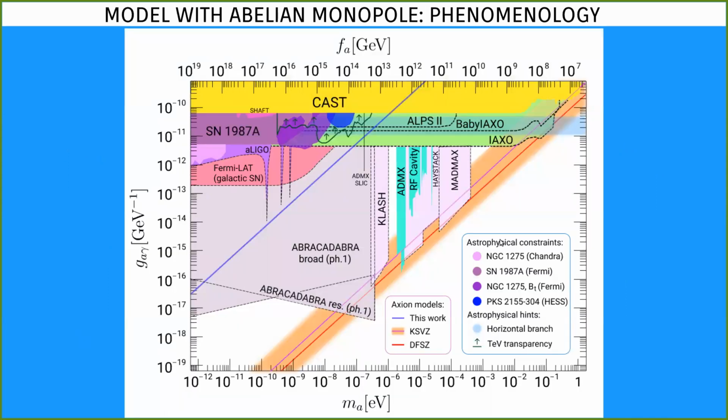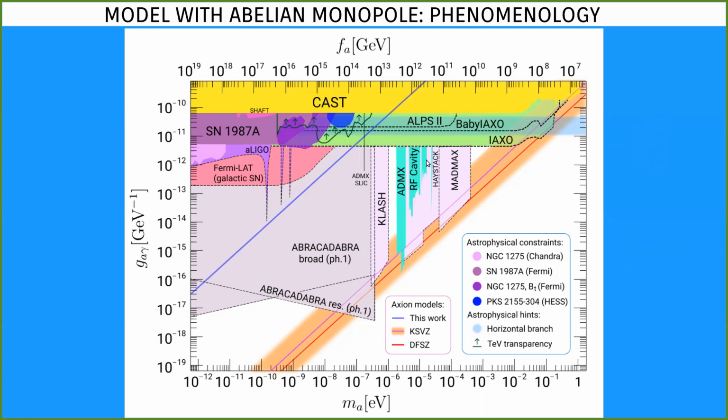So let me review the phenomenology of this model. Here you can see the plot of the axion-photon coupling versus the axion mass, and the blue line here is the prediction of the Abelian model, the model with the Abelian monopole, which we discussed.